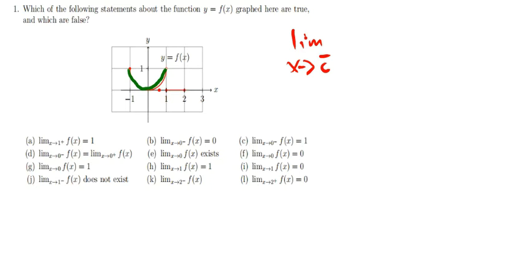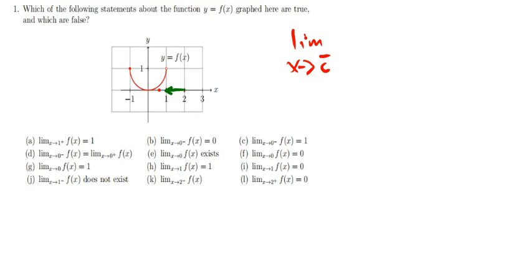We have 2, we have this line and this line. Now the first question here is saying limit as x approaches 1 from the right side is equal to 1. Is this statement true or false? If we start from the right going toward 1, as we approach 1, what is the value of y?